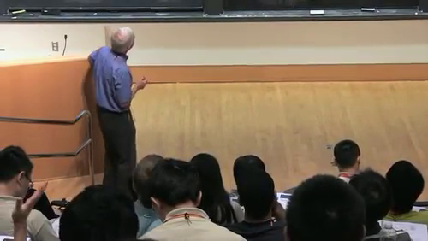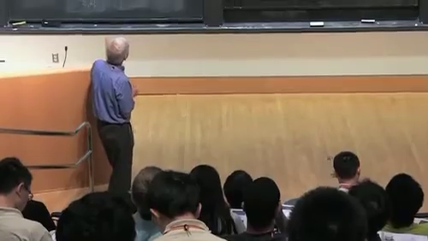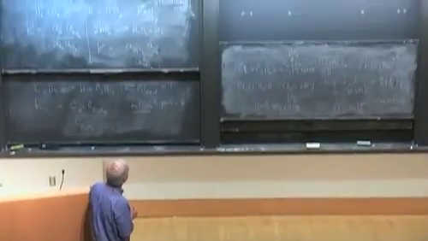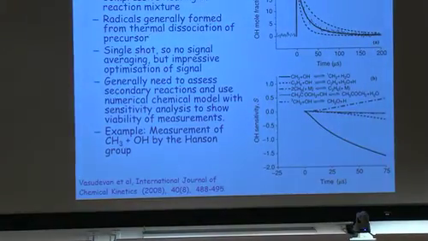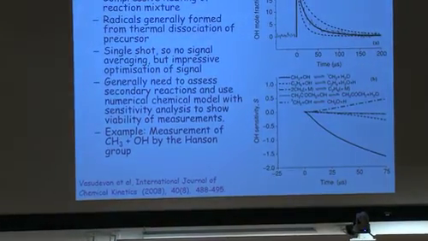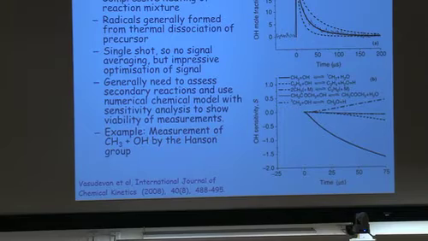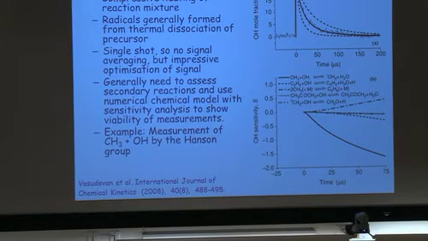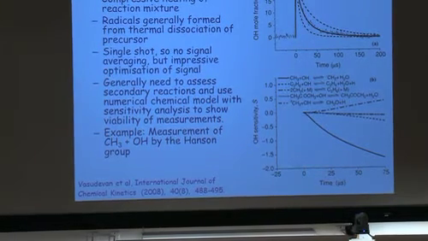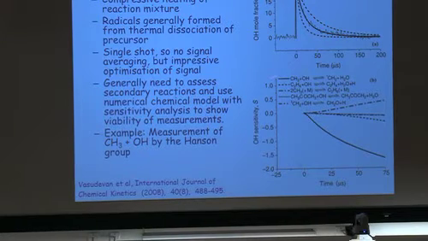And here's an example. This is measurement of the CH3 plus OH reaction by the Hansen group. There's the reference. Throughout this, I've tried to give you the reference to all of the examples that I'm providing so that you can go away and have a look at those examples to get more details. And this is what's called the sensitivity coefficient for OH.